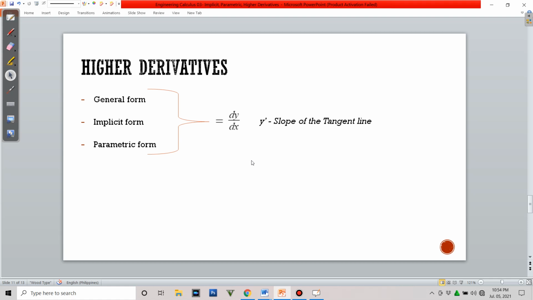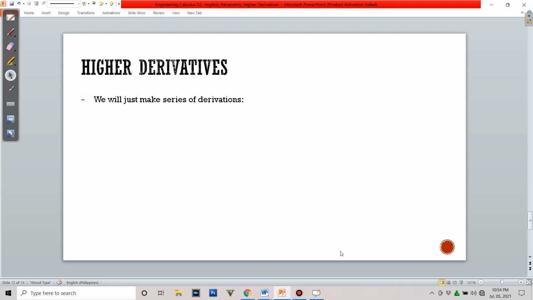So going back with the topic proper, this is just a series of derivatives of this y prime. So we will just make a series of derivations. Of course, if we are going to derive y, it becomes dy over dx, or that is y prime.